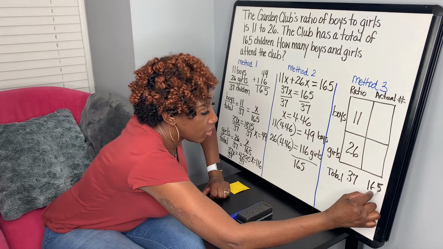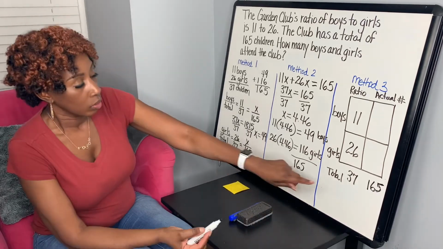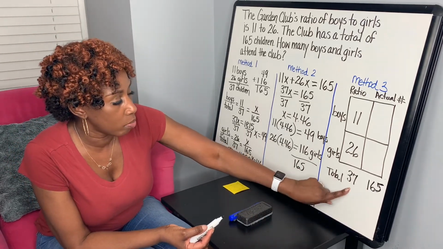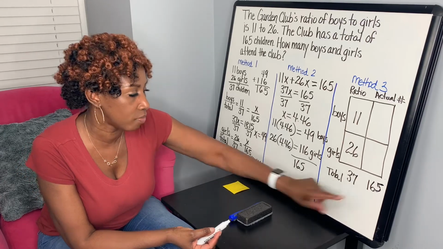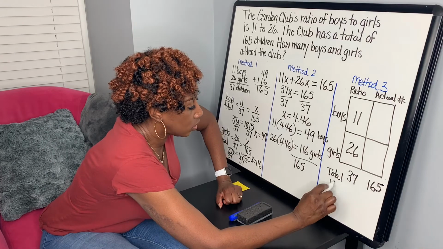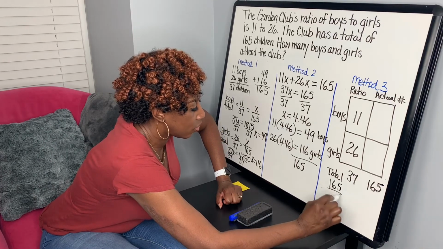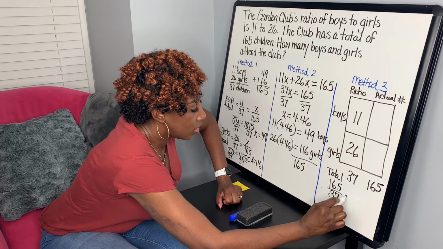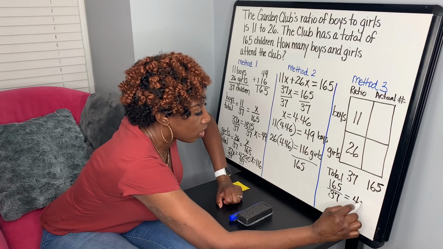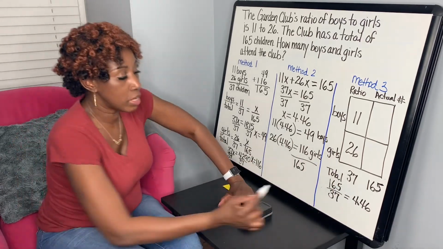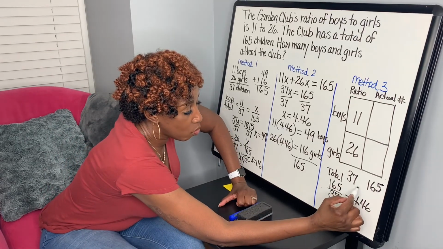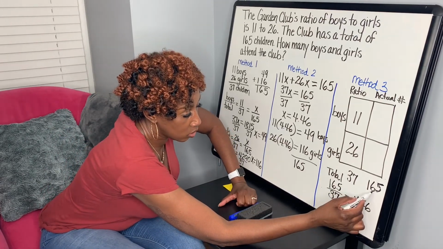So I need to find out what's the relationship between these numbers. 37 times what would give me 165? I could just do 165 divided by 37, and that gives me 4.46. So that means I did 37 times 4.46 to come up with this 165.